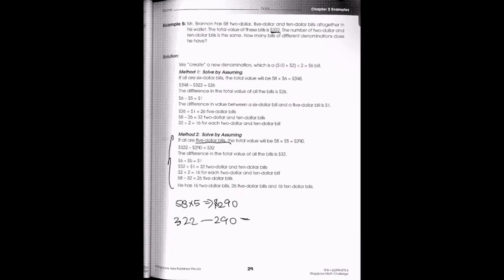So the difference is going to be $32, calculated versus actual. And then the difference in the total value of all bills is $32. Now we still have to use an imaginary bill called $6, and the $6 came from an average of $10 and $2. But then this uses $6 in a more easier way, so I prefer method 2.